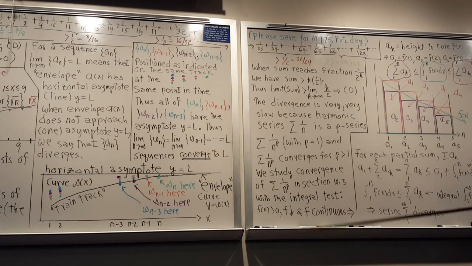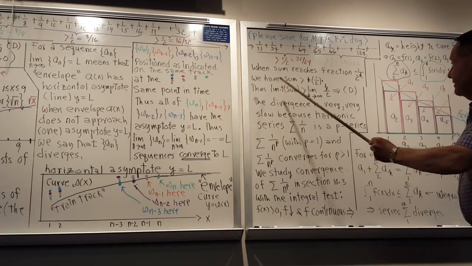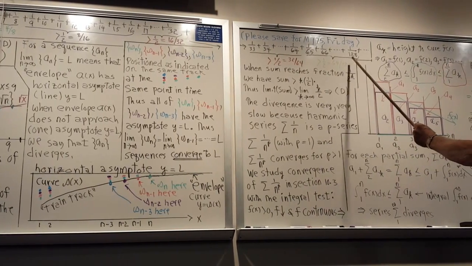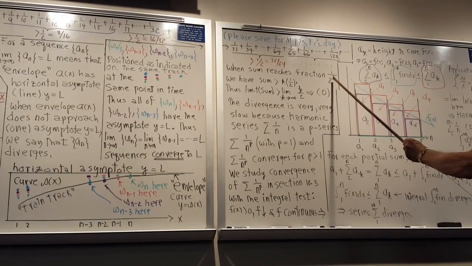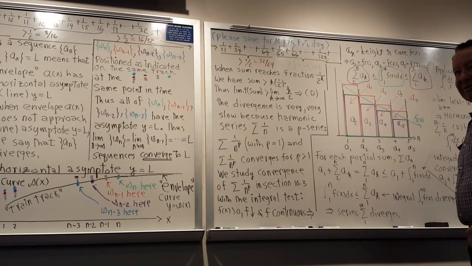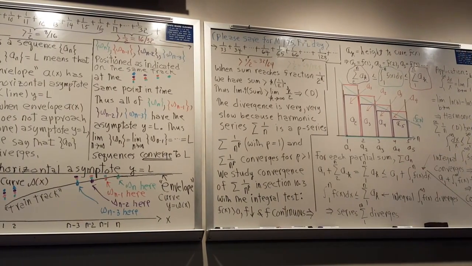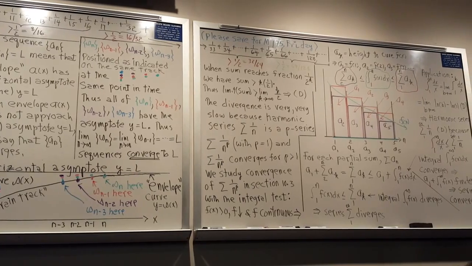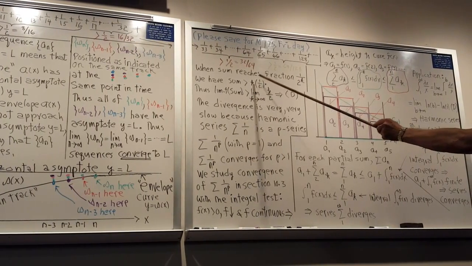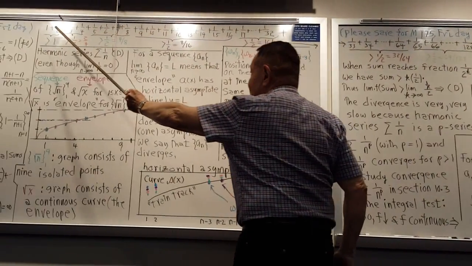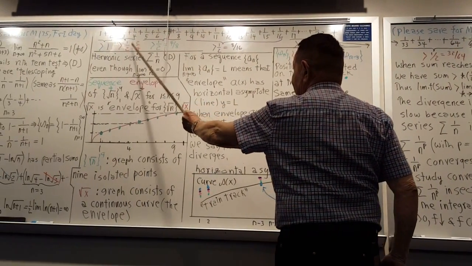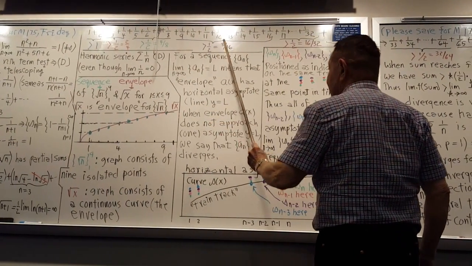So what you have then is that when you've reached the fraction like this one, 1 over 2 to the k, 1 over 2 to the, what is it, 7th, I guess, your sum is, you see, what you've done is you have more than a half, more than a half, and a half, and so on.